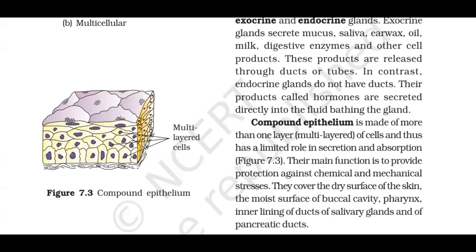Whenever our body is exposed to chemicals and mechanical stress, the compound epithelium will prevent our body from the chemicals and mechanical stresses. At the same time, they are multi-layer cells and they are present in the various body regions.